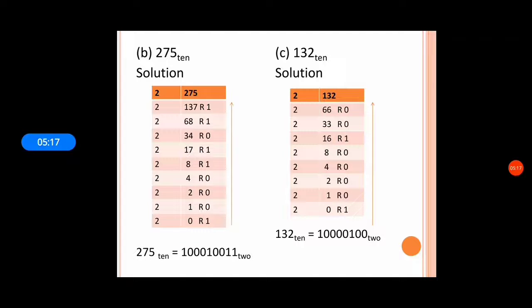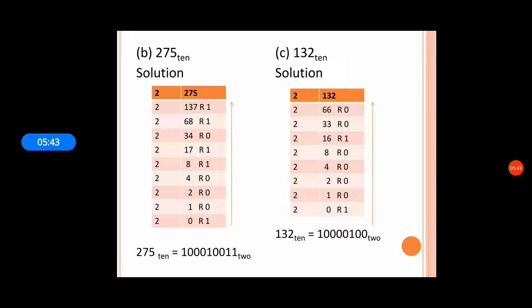Then 137 divided by 2 gives us 68, remainder 1. 68 divided by 2 gives us 34, remainder 0. 34 divided by 2 gives us 17, remainder 0. 17 divided by 2 gives us 8, remainder 1. 8 divided by 2 gives us 4, remainder 0. 4 divided by 2 gives us 2, remainder 0. 2 divided by 2 gives us 1, remainder 0.